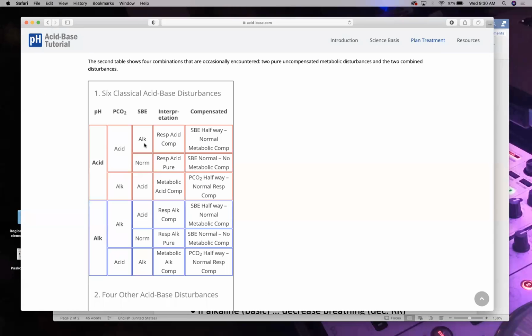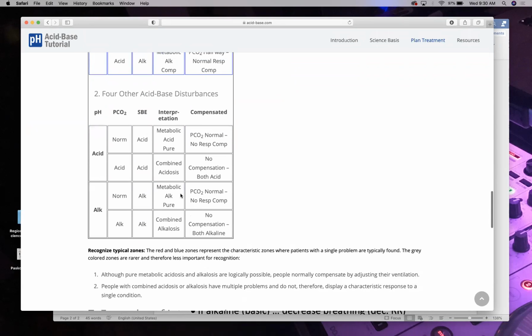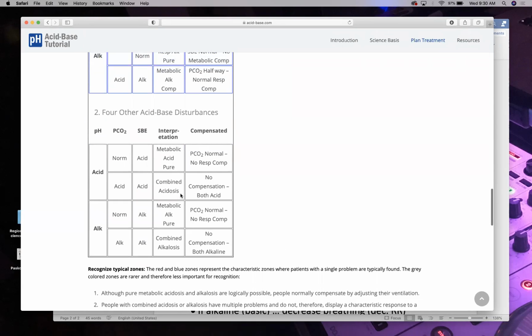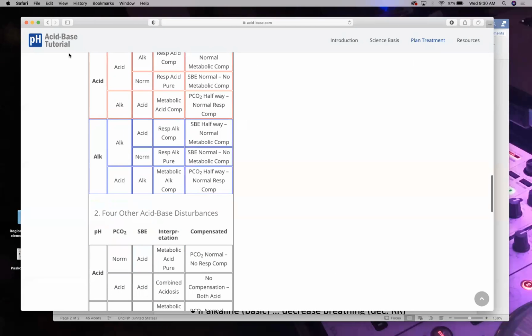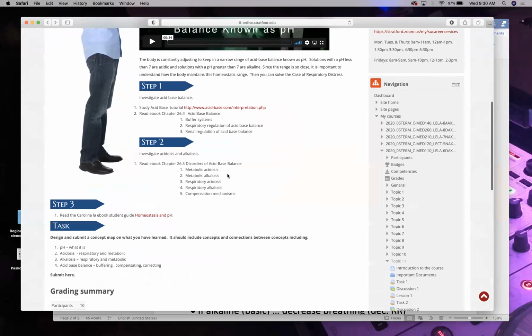So you're going to see charts like this for the rest of your career, but it's just easier to look at it in more basic terms, instead of trying to memorize what's metabolic acidosis, what's metabolic alkalosis.